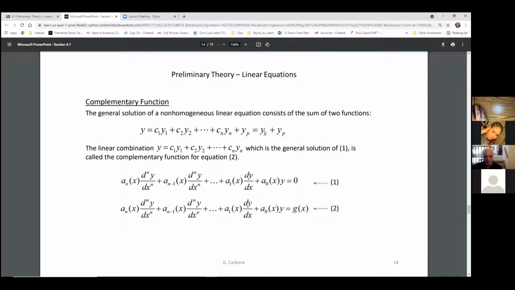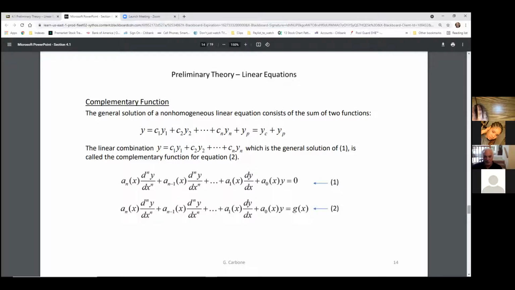That's why we put the C here. So all of this, the C1 Y1, C2 Y2, and so on for an nth order differential equation, I can call all YC, which is the complementary function. And then Y sub P is the particular solution. So the complete solution is the sum of the two.